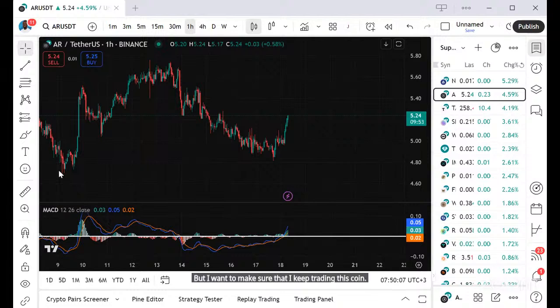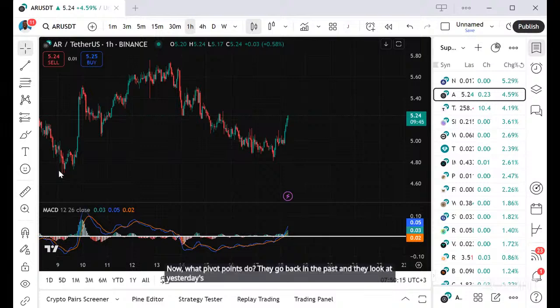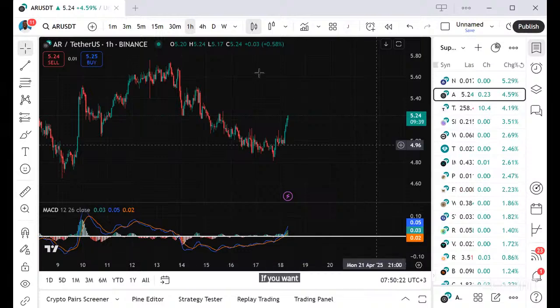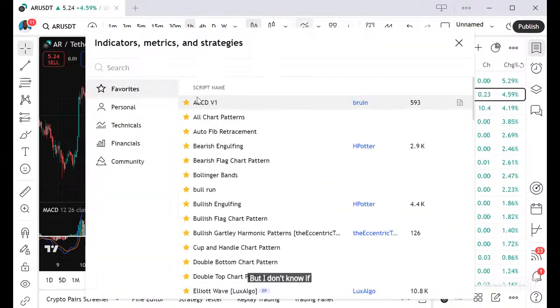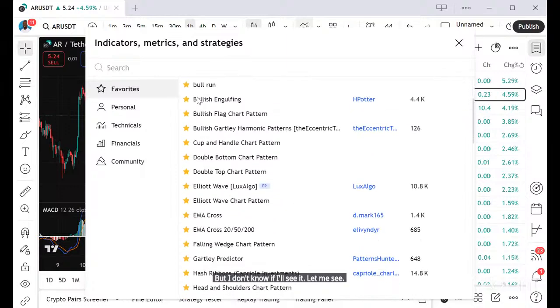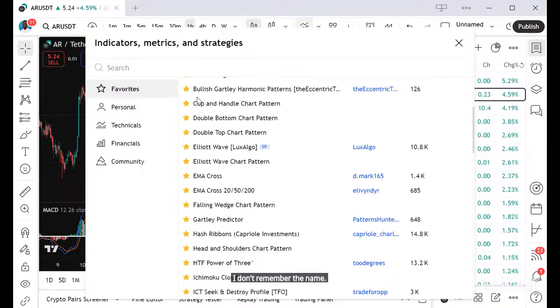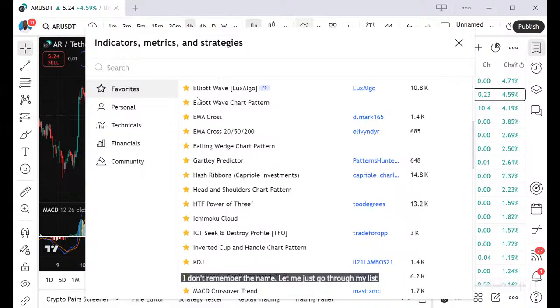Now, what pivot points do, they go back in the past and they look at yesterday's price action. If you want to follow yesterday's price action, there is an indicator, but I don't know if I'll see it. Let me see. I don't remember the name, but let me just go through my list of indicators.